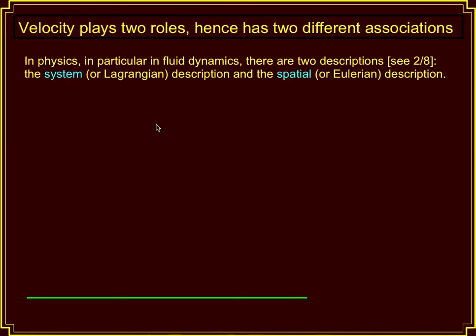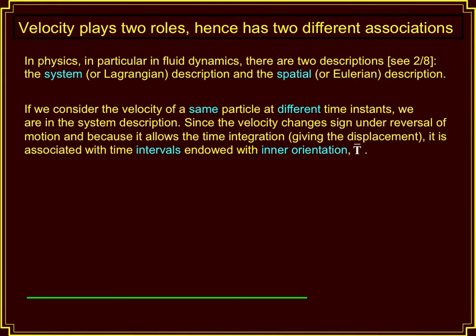Velocity plays two roles, hence has two different associations. In physics, in particular in fluid dynamics, there are two descriptions. See slide 2 of 8 of the lecture: the system or Lagrangian description and the spatial or Eulerian description.